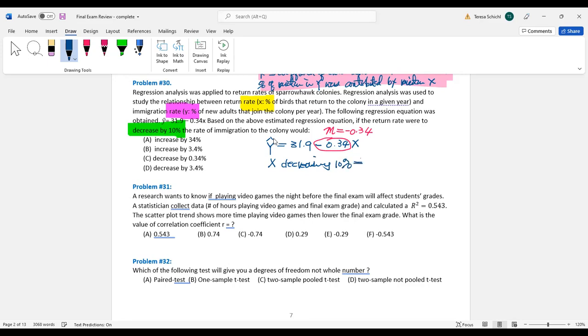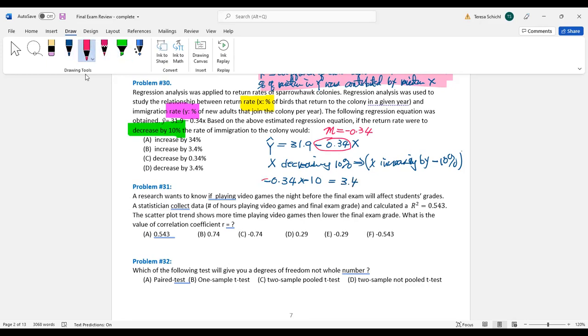Or you can say another way, that means x is increasing by negative 10%. Correct? So if x is increasing by negative 10%, then how much does the colony change? It will be negative 0.34 times negative 10, right? So this will be 3.4. So it will be positive.